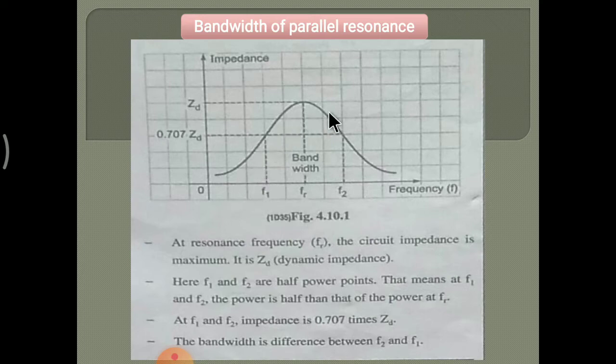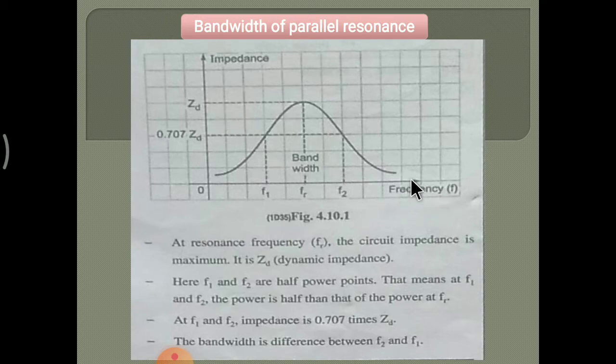This is the resonance curve, the frequency versus impedance graph for the bandwidth of a parallel resonance circuit. In series resonance, the graph is current versus frequency, and in parallel it is impedance versus frequency.